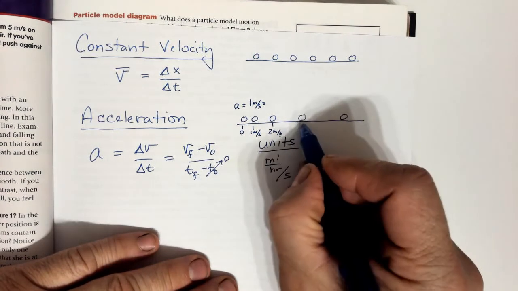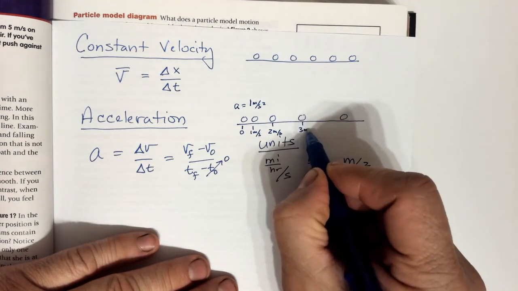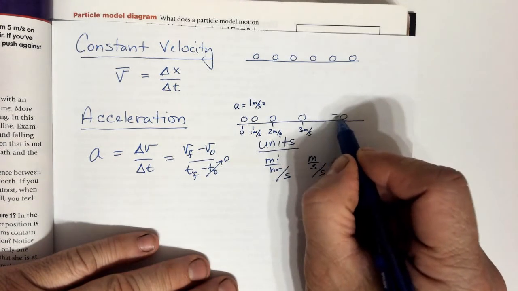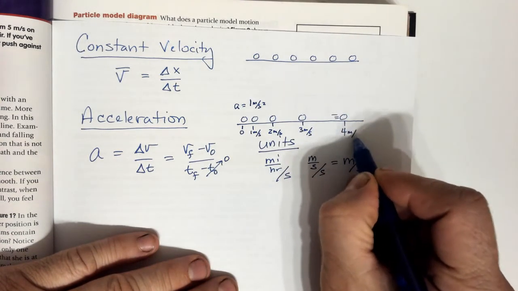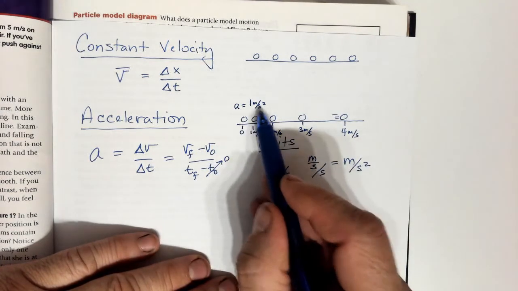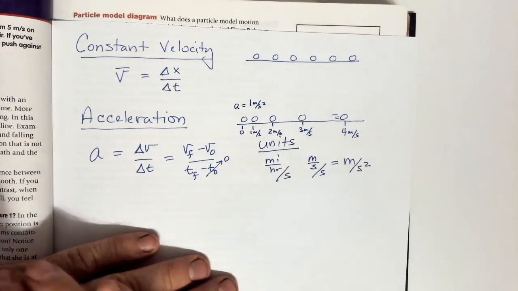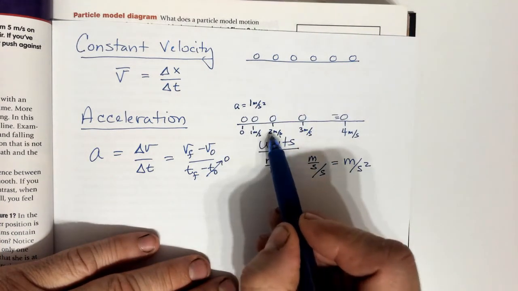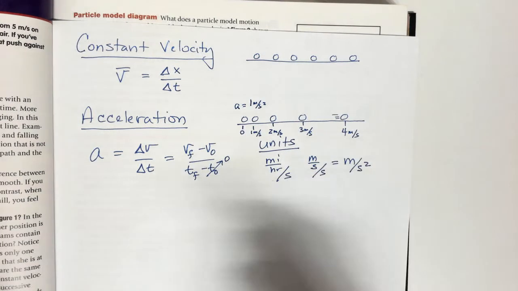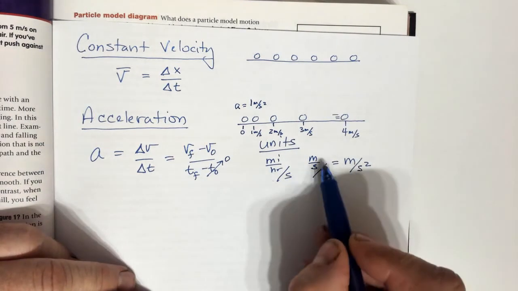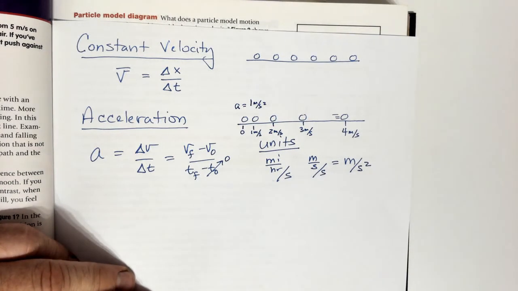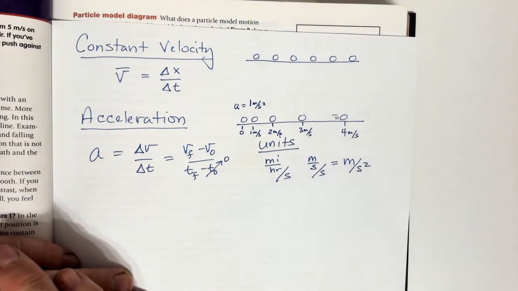And then in the third unit of time, it's going 3 meters per second. And then in the fourth unit, now at this speed right here, it's going 4 meters per second. So its rate of increase is 1 meter per second every second. If this was a 2, then it would be 2, 4, 6, 8. That just means that's the change in the meter per second every second of time. Okay? That's what acceleration is talking about. It's talking about how the speed is increasing.